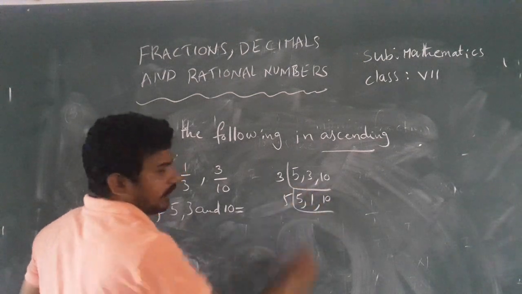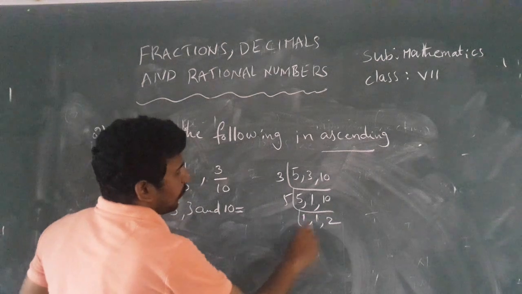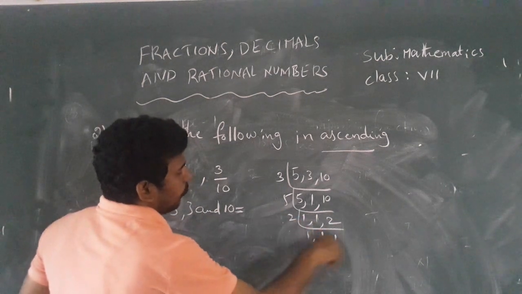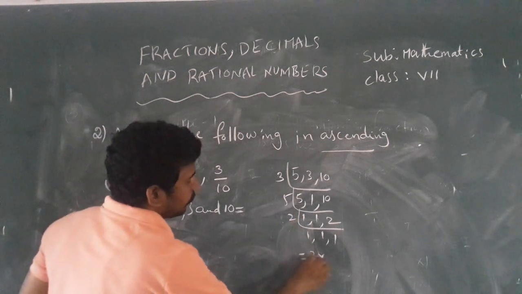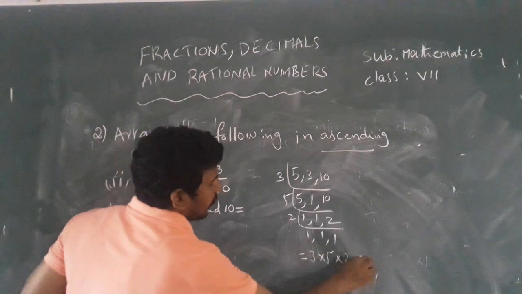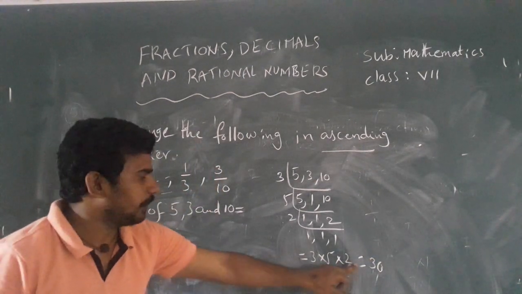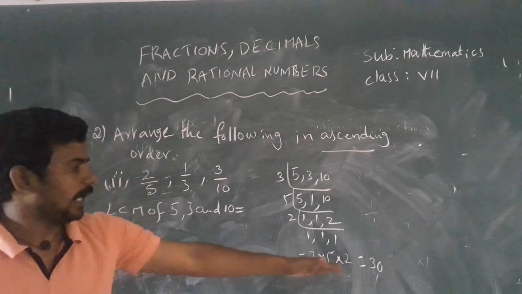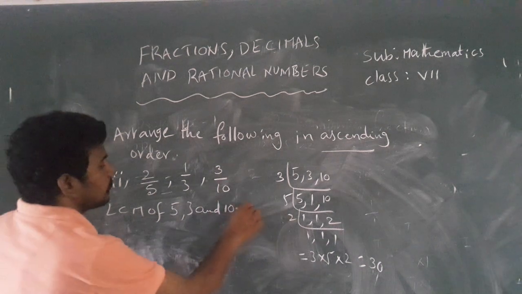Now take 5: in 5, 1 time; in 10, 2 times. Now 2 1. So 3 into 5 into 2. 3 5s are 15, 15 2s are how much, children? 30. So the LCM of 5, 3 and 10 is 30.